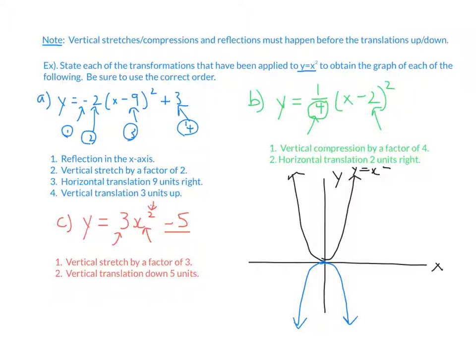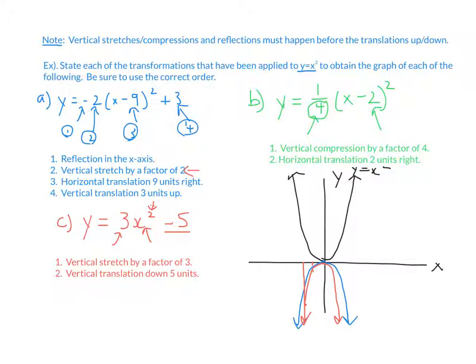Let me try that again. So my distance from the x-axis is this much, so when I multiply it by 2, it's twice as far. Distance from the x-axis at this point is this much. I need to double that. It's going to be here. So my parabola is going to have a skinnier opening when I stretch it by a factor of 2. I'm really multiplying my y-coordinates by 2 here.